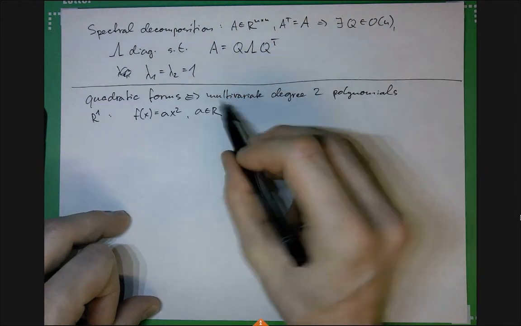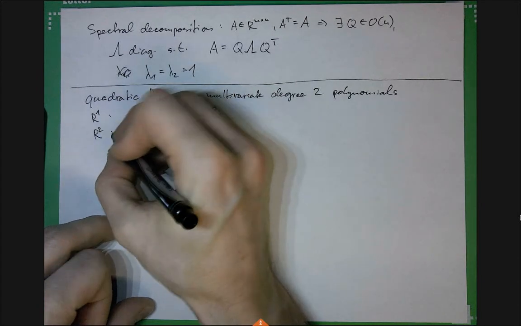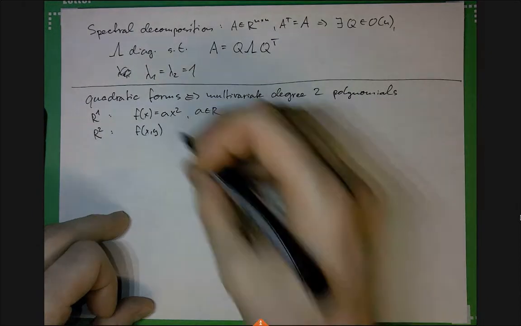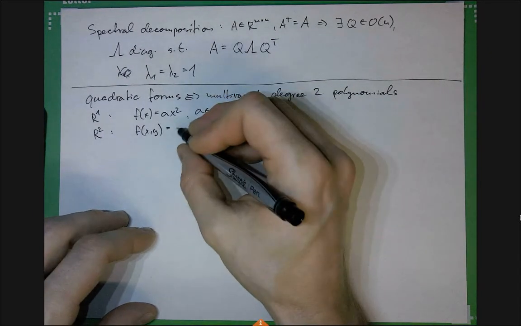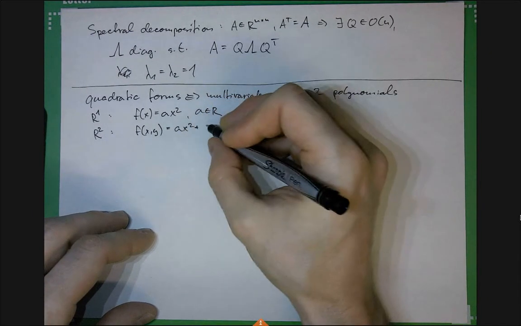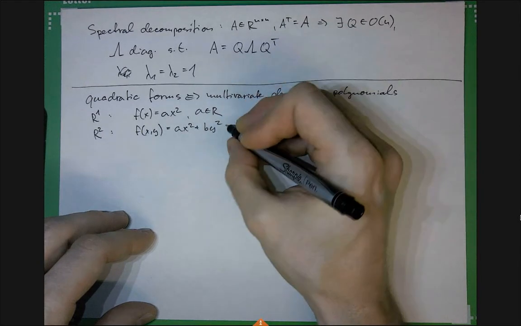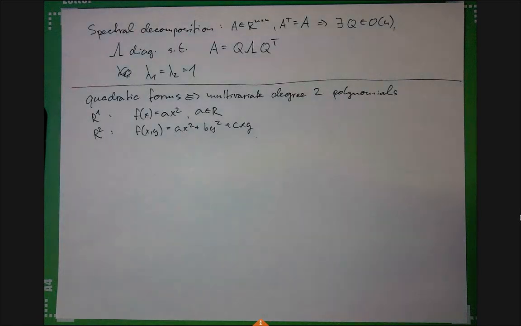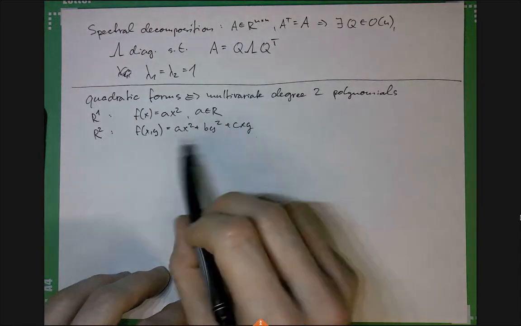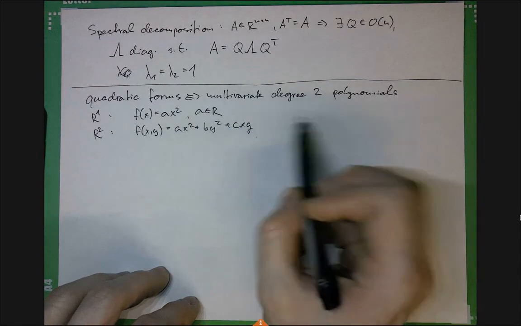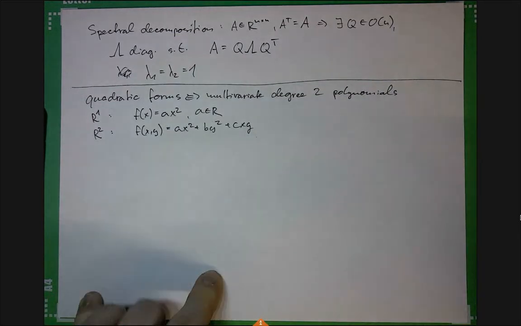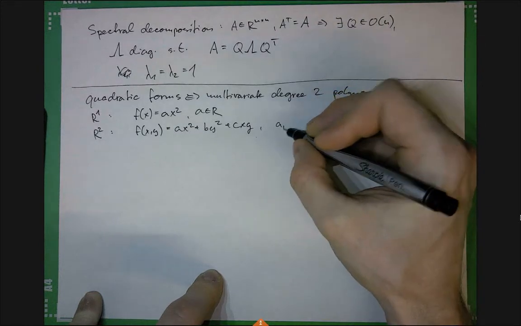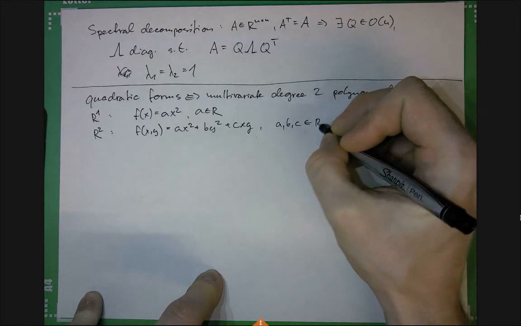Now, multivariate means that we go to more variables. So I can have a quadratic polynomial of 2 variables, x and y, and it would be ax squared plus by squared plus cxy. And I'm just putting the degree 2 monomials, not including here the linear terms, even though you could also potentially include them. So a, b, c here are just real coefficients.